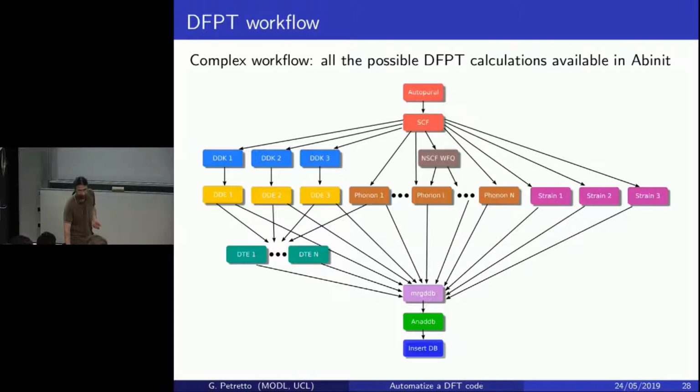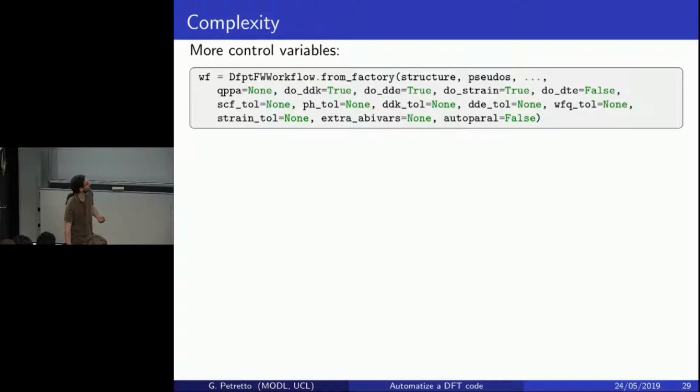So now necessarily the inputs become more complicated. The factory that you have to provide, you have basically the same inputs as before that I've not put, not to fill the whole slide, but then you have another set of inputs, and I think again here I removed some of them.